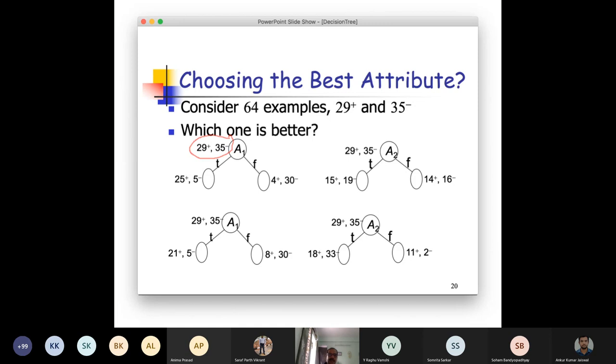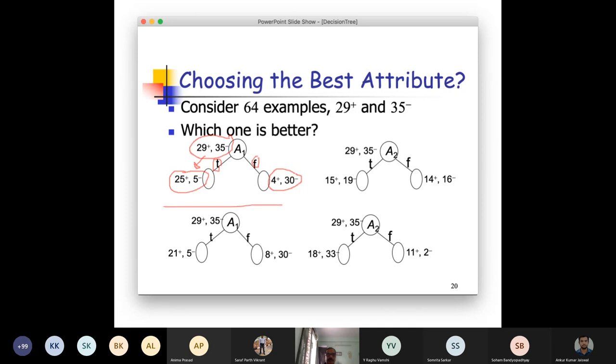Based on attribute A1, if you sort, attribute A1 has two values, either true or false. These are binary attribute values. If A1 is true, then in that distribution 25 are positive and 5 are negative. Where A1 is false, in that distribution 4 are positive and 30 are negative. Similarly, you have the conditions of A2.